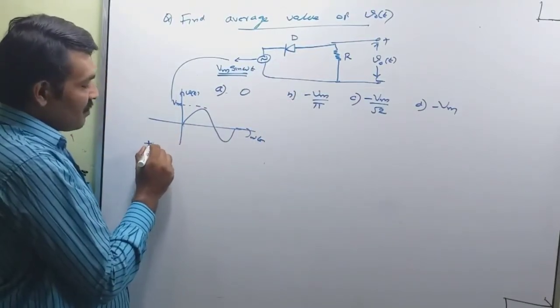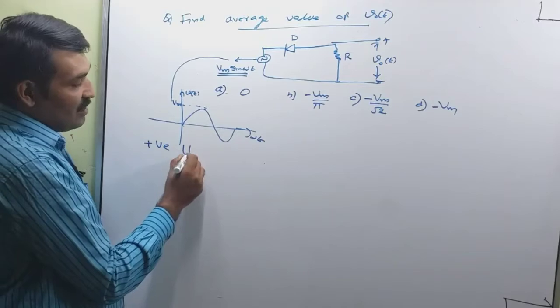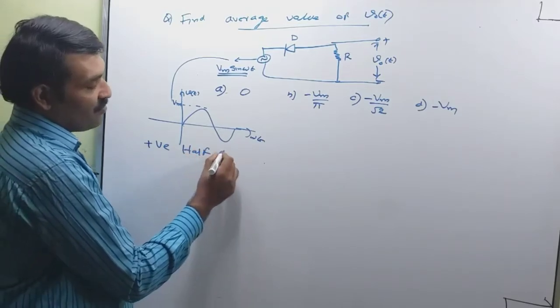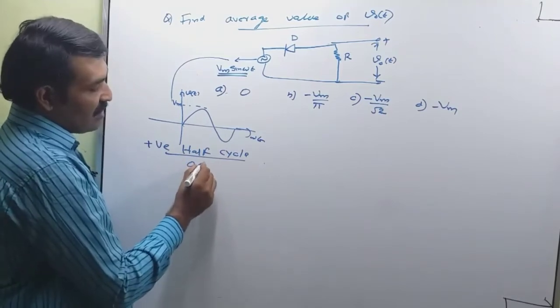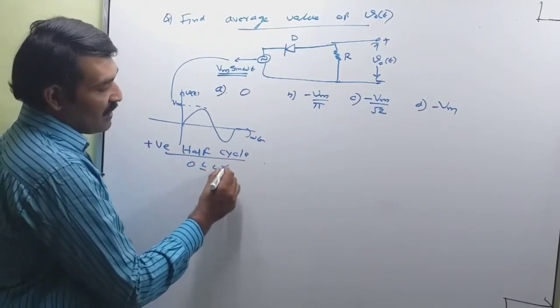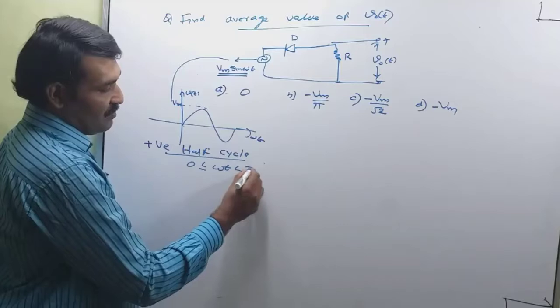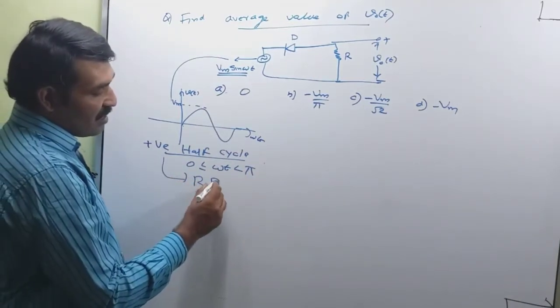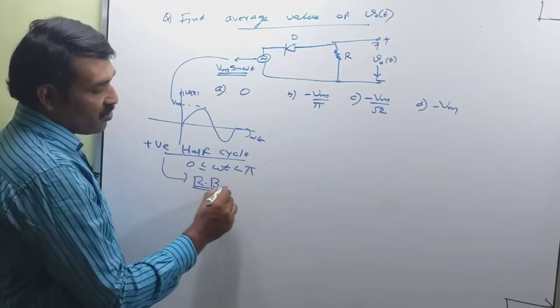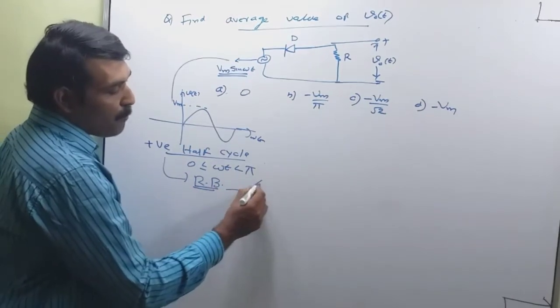So during the positive half cycle, that is 0 less than or equal to omega t less than pi, the diode is reverse biased. So it behaves like an open switch.